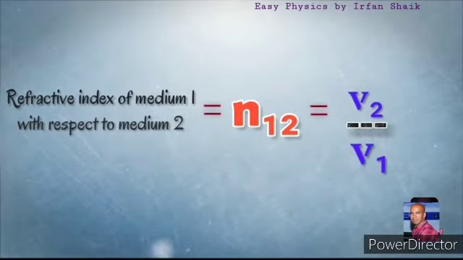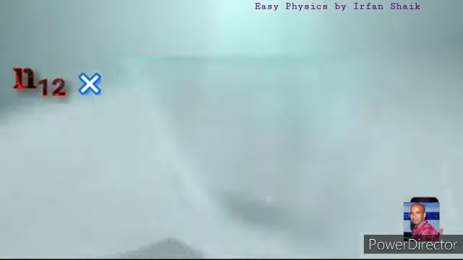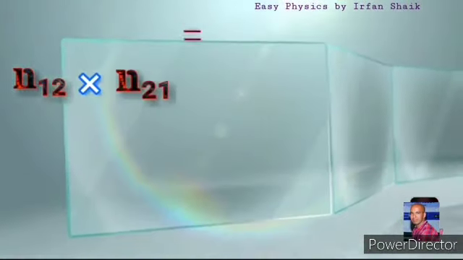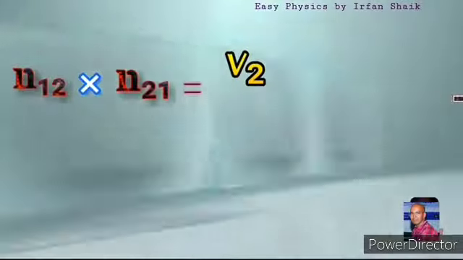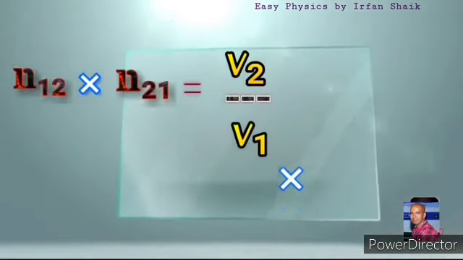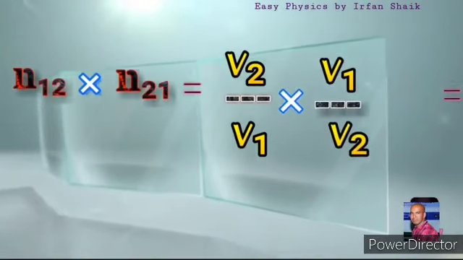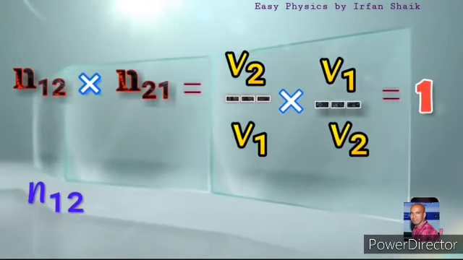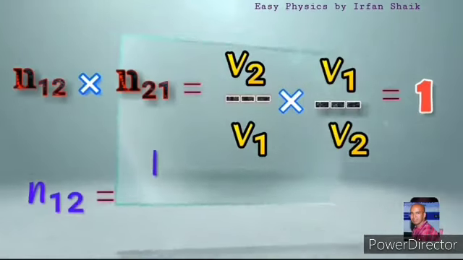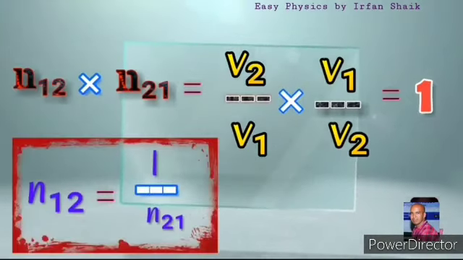If we take the product of n12 and n21, that is v2 by v1 into v1 by v2, it is equal to 1. By this, we can conclude that n12 is equal to 1 by n21.